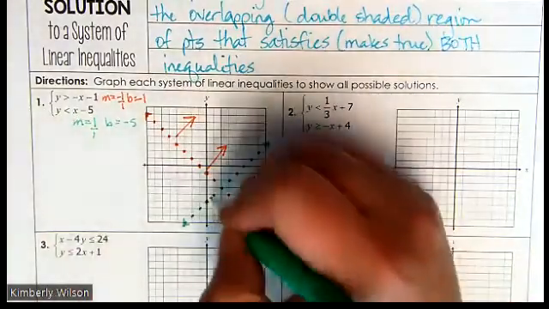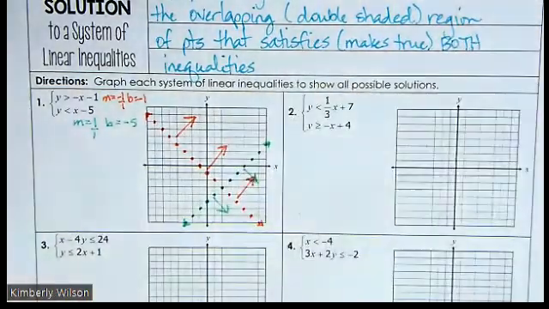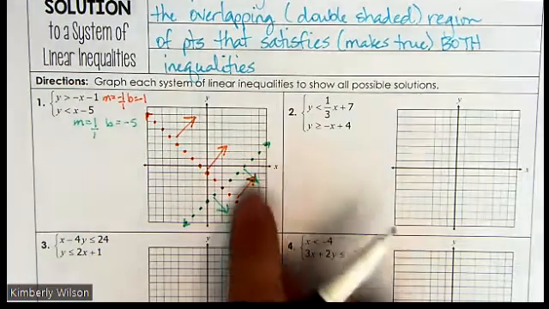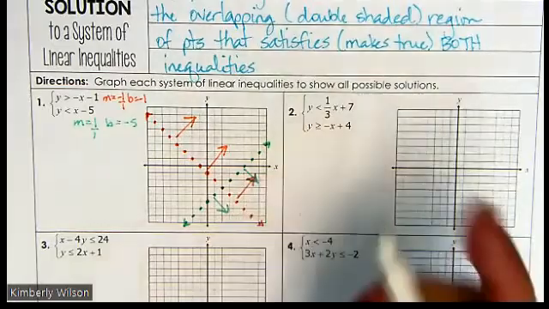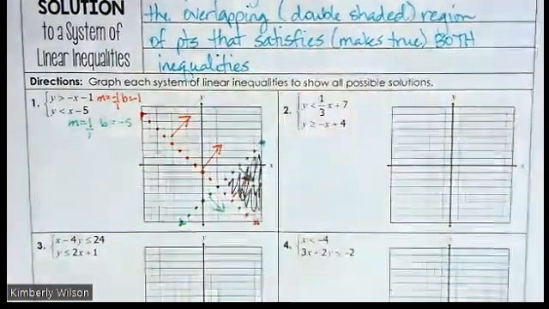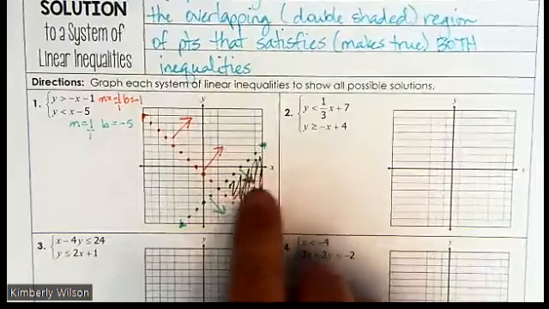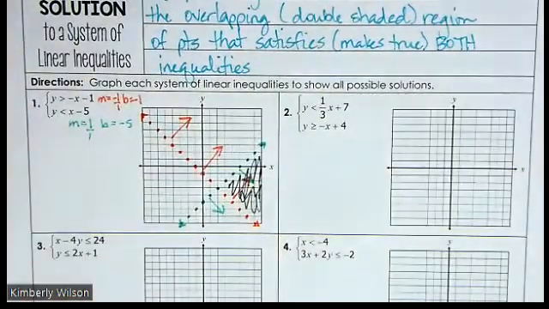So if it's y is less than, that means I'm shading below the line. Now, the solution is the area that actually has both colored arrows. So this here is my solution area. The solution is a graph when it comes to the inequalities, and any point in this region is a solution to this system.